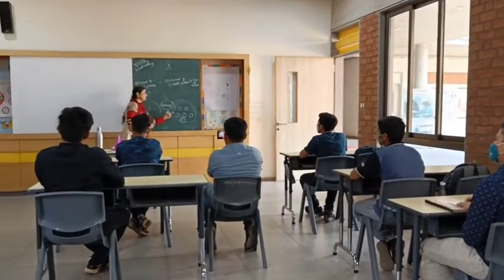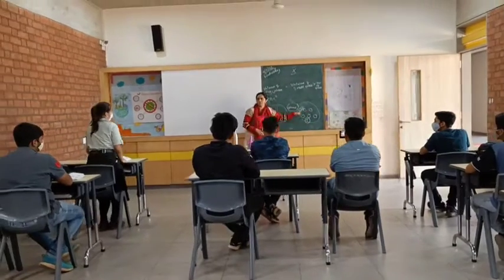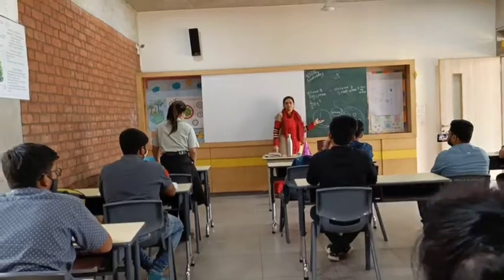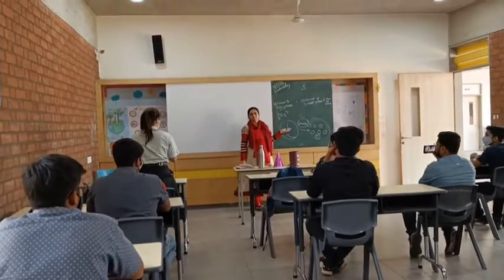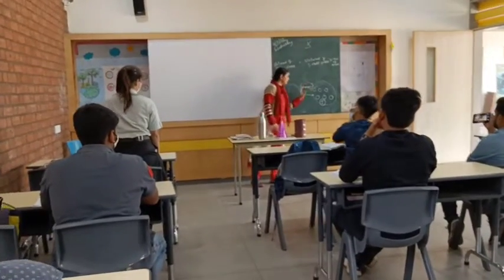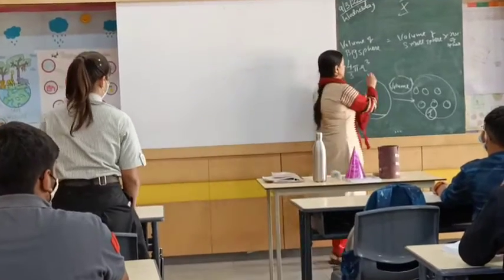Will the radius of this and this be the same? Radius of this sphere and radius of this sphere, will it be same or different? Why is it different? Yes, we are obtaining the small ones from the bigger one only, so it will be different.